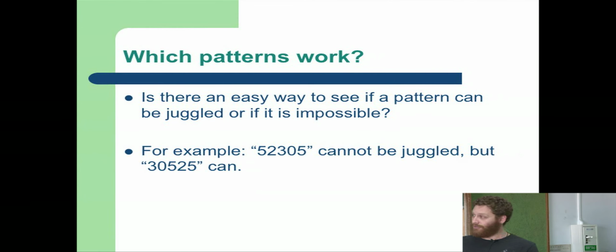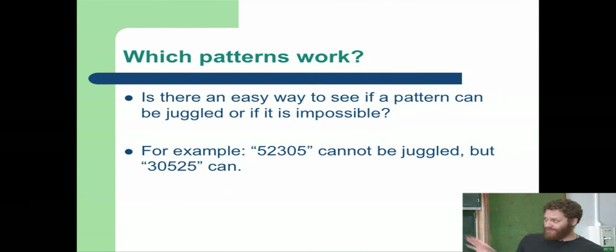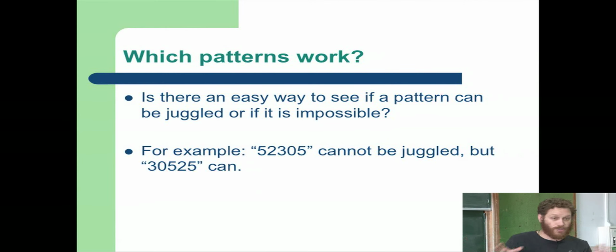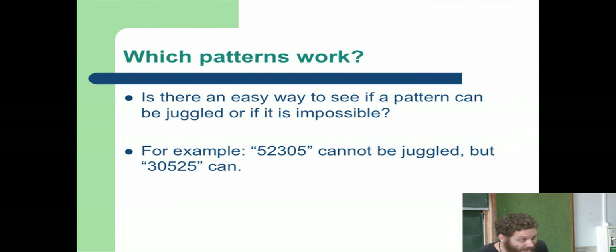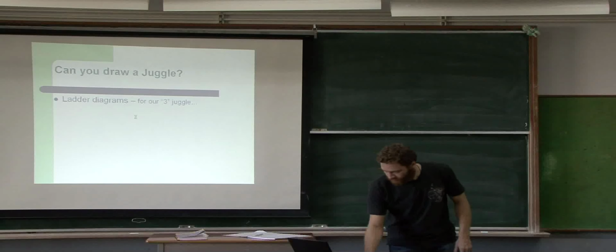They are quite different, even though they contain exactly the same integers, just permuted around a little bit. One can be juggled and the other cannot. So why is that the case?